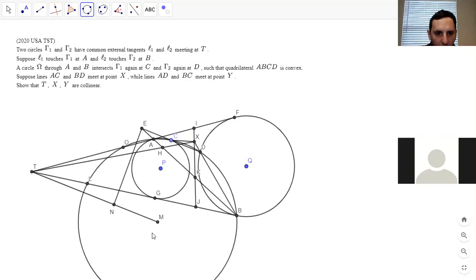So we want to show MOA is MNA, which would be the same as MAO, which means that M is going to be, if we draw the circumcircle of MOA, M is the midpoint of that arc.